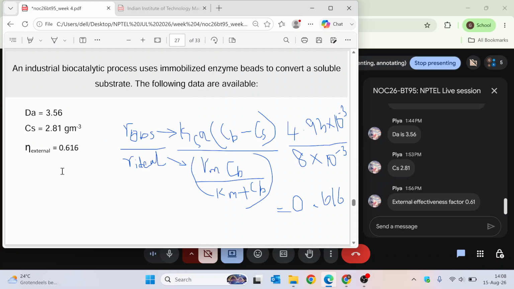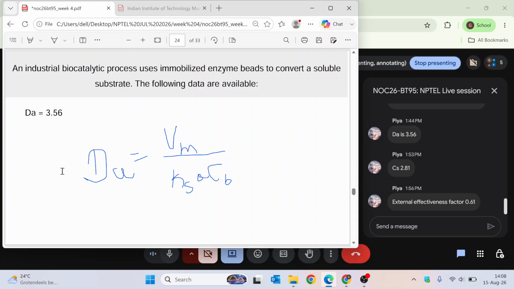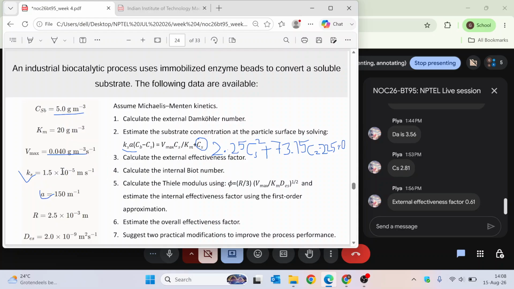Next question is your Thiele modulus and internal effectiveness factor.